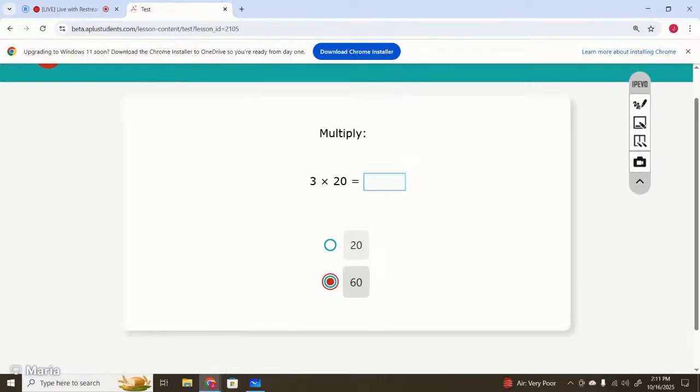Option number 2 is the correct option. 60 it is.